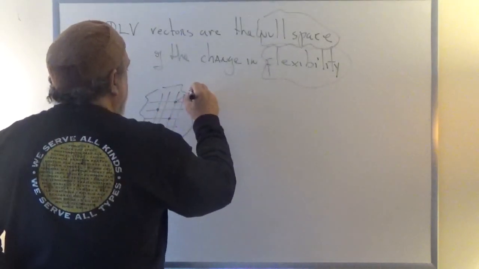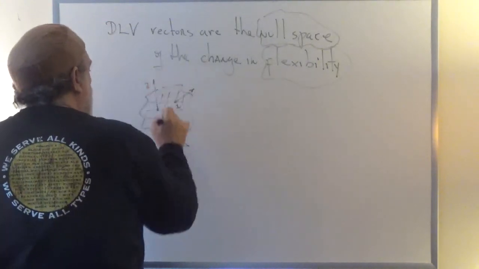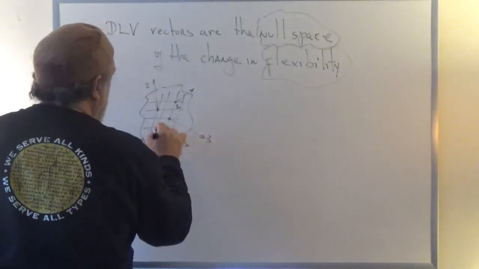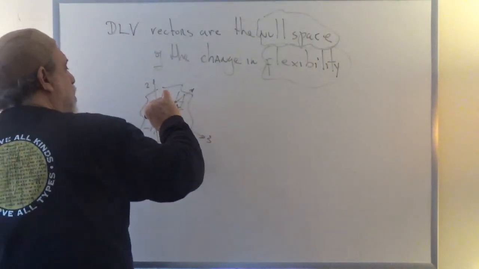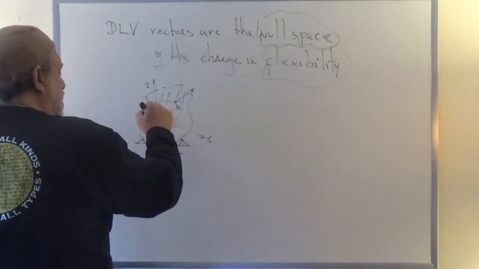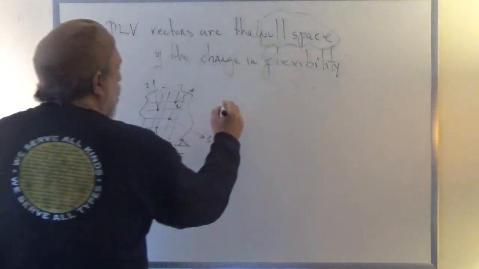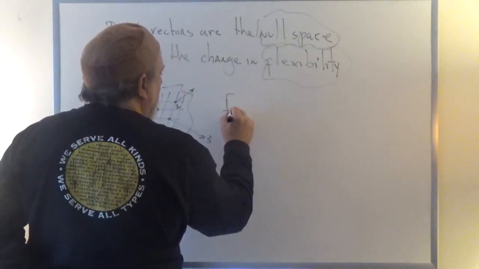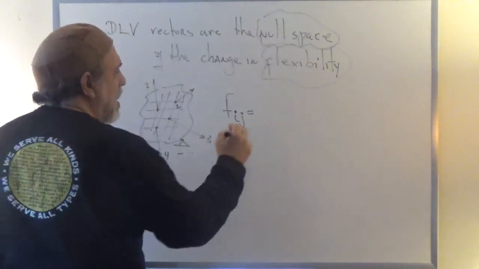So this is coordinate number 1, this is coordinate number 2, this is coordinate number 3, this is coordinate number 4. In other words, the motion of that point in that direction, I call it 1, of this one in that direction is 2, this one in that direction is 3, this one in that direction is 4, and so on.